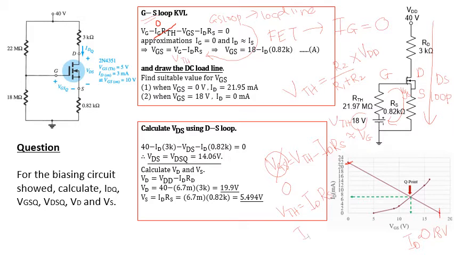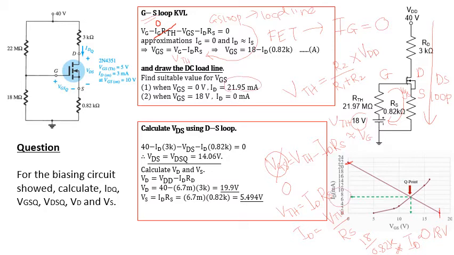So ID equal to VTH divided by RS. VTH is 18. What is the value of RS? RS is 0.82. Then you can get this one.